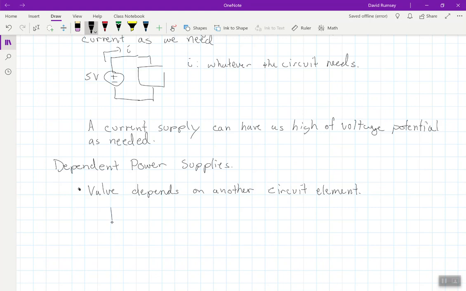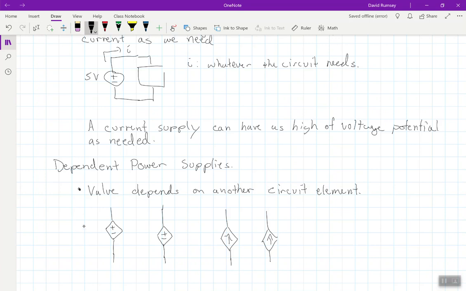Now, the standard way we draw these is a little diamond. And again, depending on the type of diamond, you'll have a plus minus. Now I'm going to draw 4 of these because there's technically 4 types of dependent power supplies we can have. 2 of them are voltage sources and 2 of them are current sources.